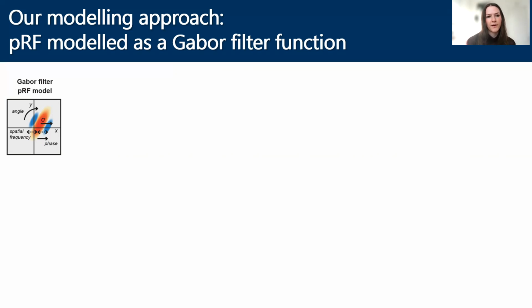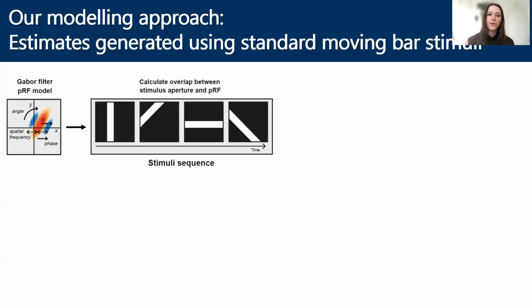After we have multiple predictions with many different combinations of these parameters, we calculate the overlap of each modeled pRF with the stimulus sequence that we would afterwards present to participants in the fMRI scanner.